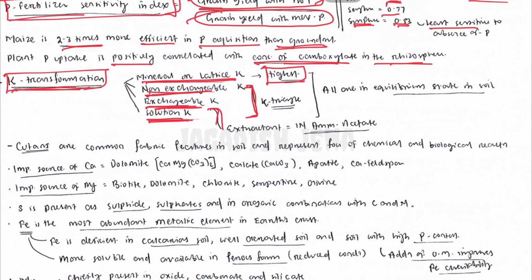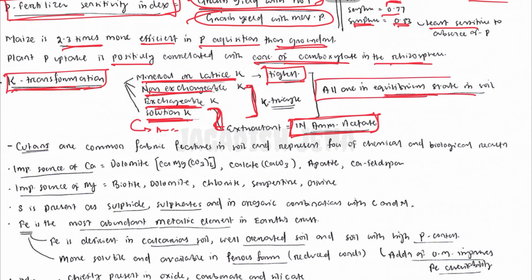To get exchangeable potassium, we generally use one normal ammonium acetate. So basically when we are analyzing soil available potassium, we are using exchangeable potassium. But for solution potassium, we can use hot water to extract the excess potassium from the soil. Potassium is generally not found deficient in soil, because there is a well-established equilibrium state.